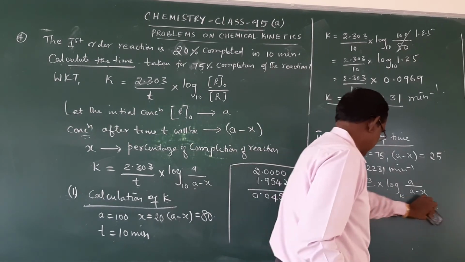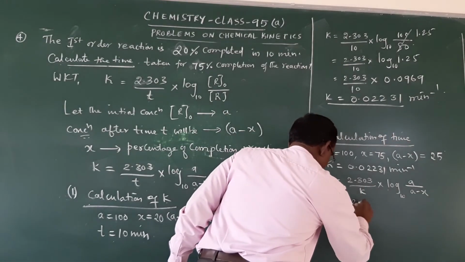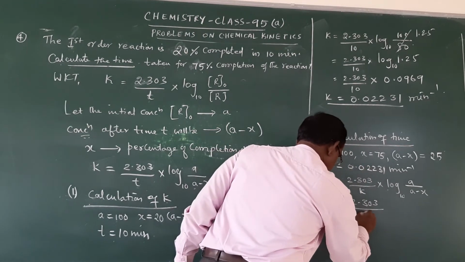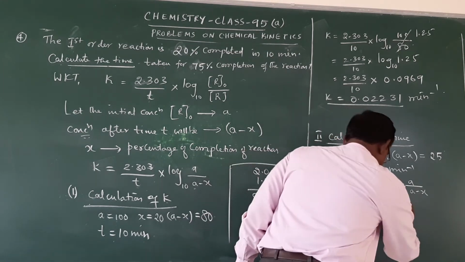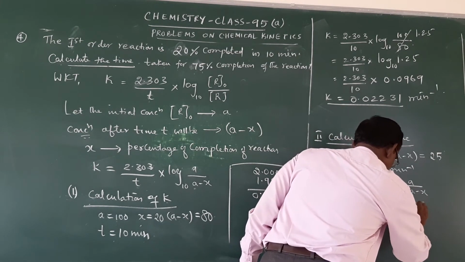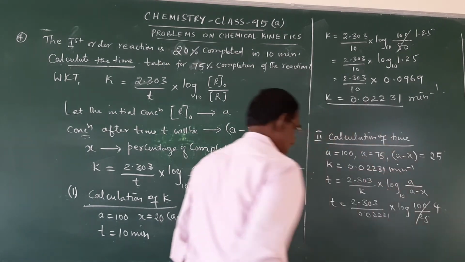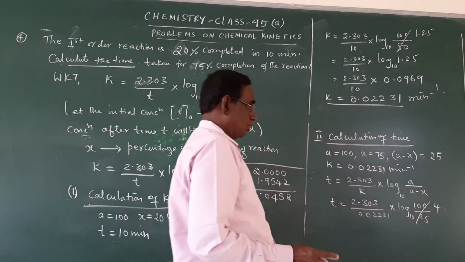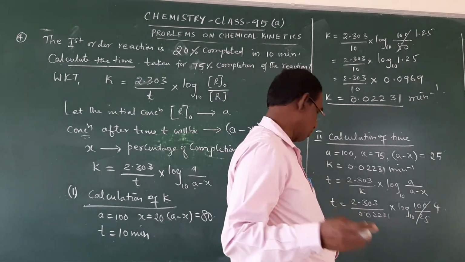So that is t is equal to 2.303 divided by k. K means how much? That is 0.02231 into log, a is 100, a minus x is 25. 4s are 100, so log 4 to base 10, you see. Log 6 means 0.6021, you know that. But it is log 4, therefore 0.6021, right?